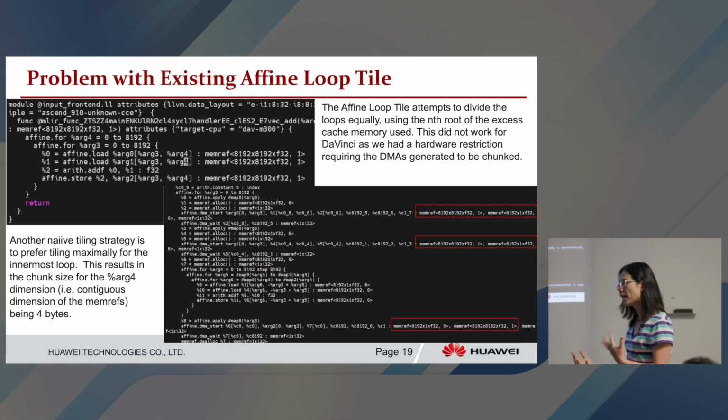So the strategy, how you are going to tile, is largely dictated by the memrefs. The loops you want to tile may not be the innermost, but you need to decide: is this loop going to suffer the DMA constraints, or can you tile it whatever way you like?